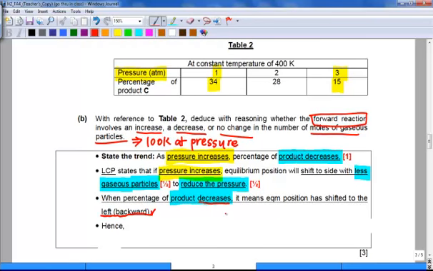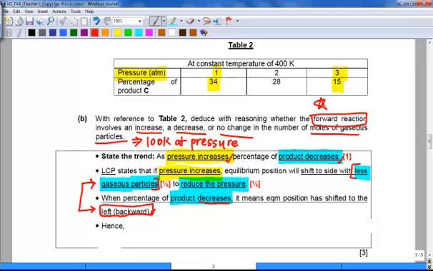So now you have split up the trend to explain the individual terms. You can do a matching. Matching meaning what? Let's do a recap. Matching simply means the equilibrium position shifts left or backward, and it is in order to favor the side with less gaseous particles. That means the left hand side will be the side with less gaseous particles. So based on this, the left hand side or the backward has less gaseous particles.